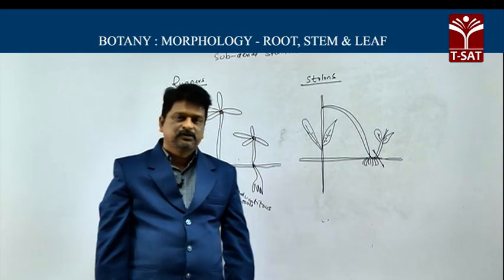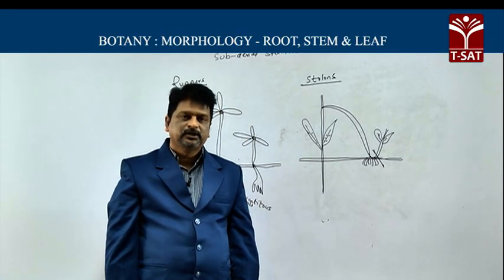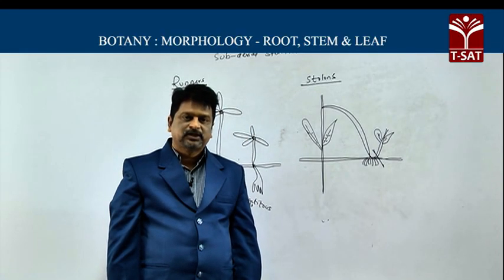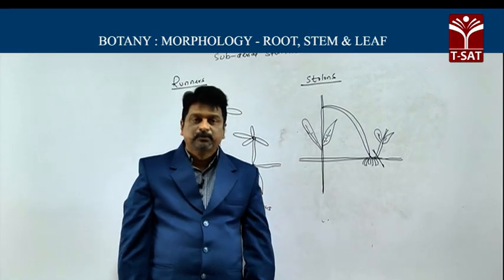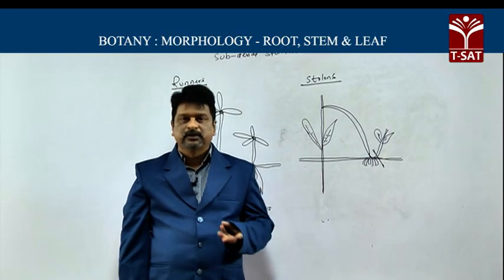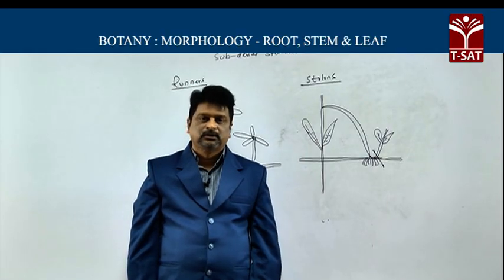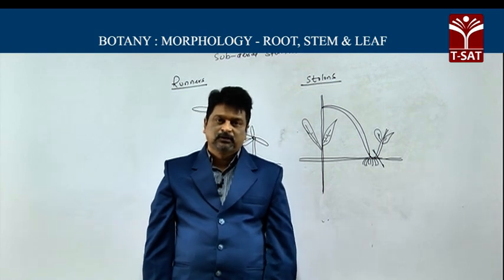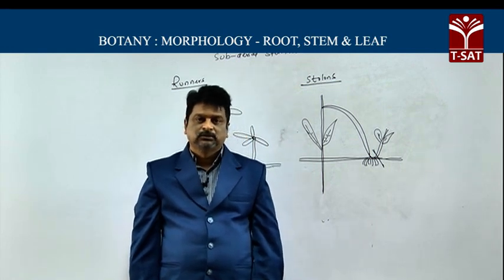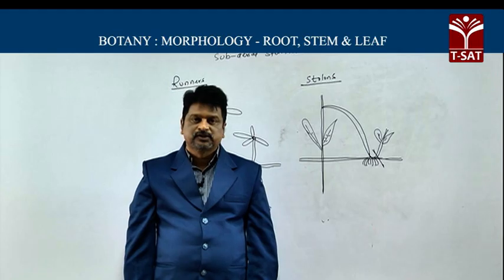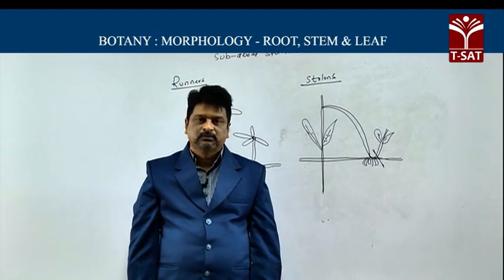Examples for stolons: one is nerium, then jasmine, and rose. Here, the importance of nerium: nerium is actually a xerophyte. It shows phyllotaxis whorled or circular, and inflorescence polychasial cyme.